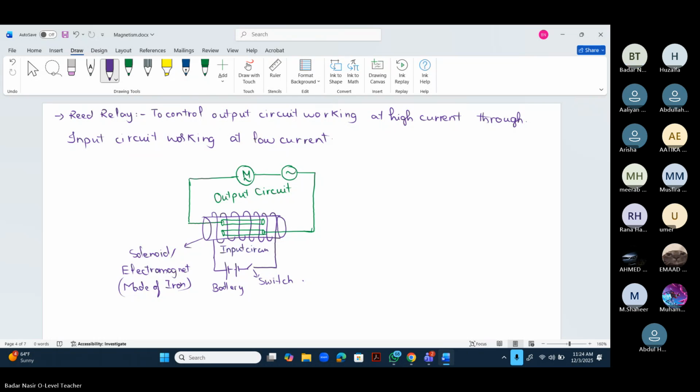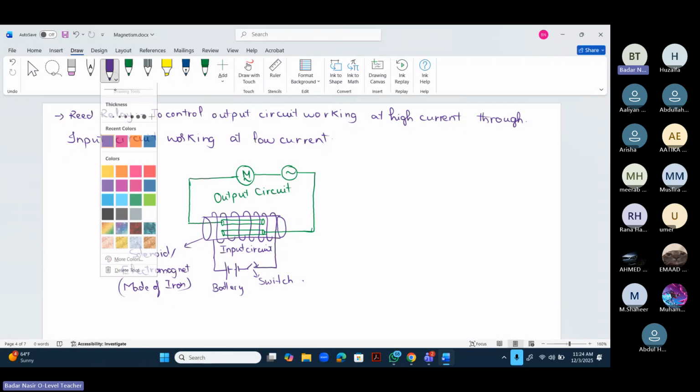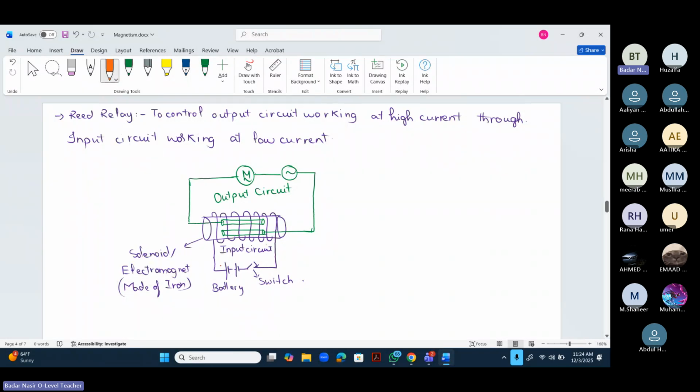Okay, beta, the moment we turn on this switch, the current will start to flow. This is the positive, this is the negative. The current flows through the coils, and the electromagnet is strongly magnetized.